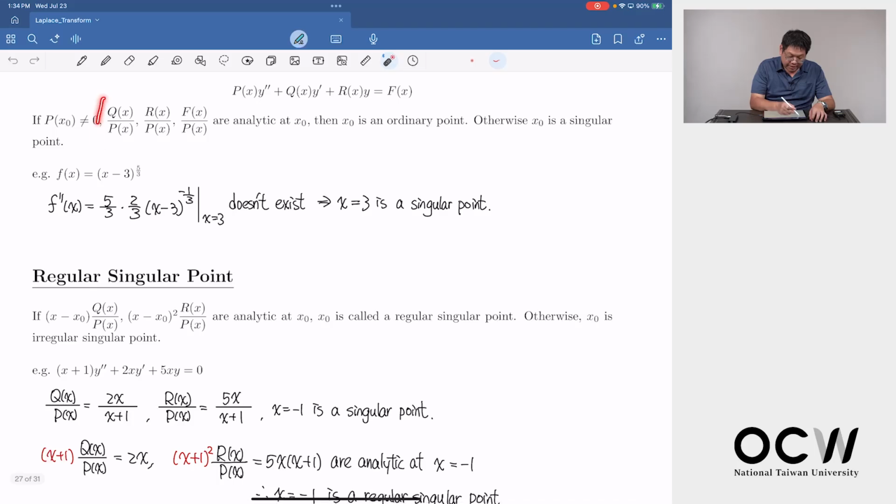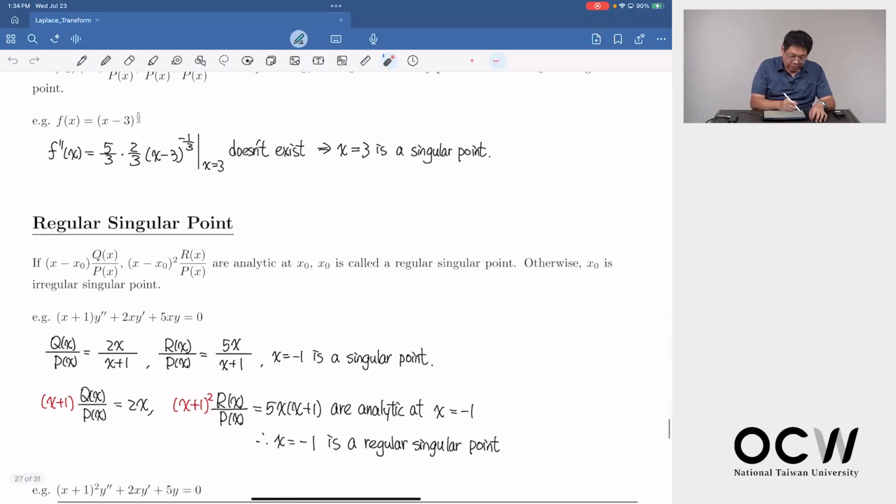Since this expression, the fraction, is not analytic, now I just multiply by a term, x minus x naught, and also x minus x naught squared. In this case, if they are analytic at x naught, then we say this point is a regular singular point. Otherwise, it is called an irregular singular point.